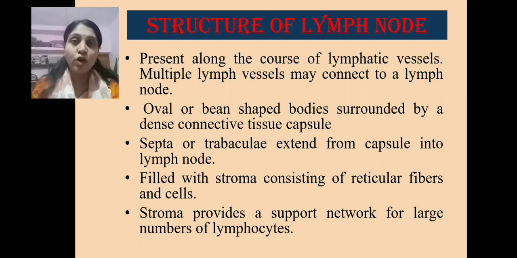After the removal of the antigen, the number of T lymphocytic cells lowers, and the node again returns to its original size. So due to the presence of these fibroblast cells, there is elasticity within the lymph node, and they give the specific site for the development of these immune cells.